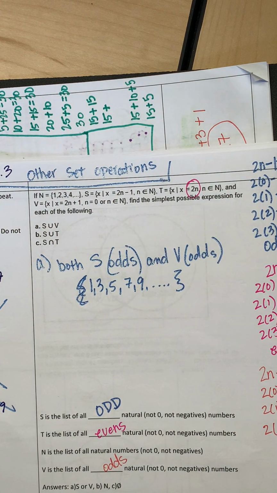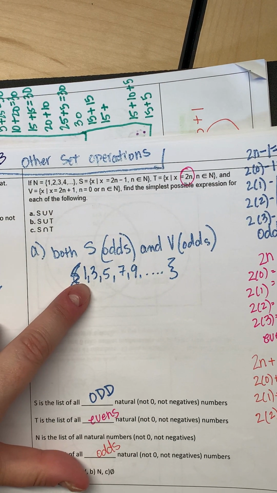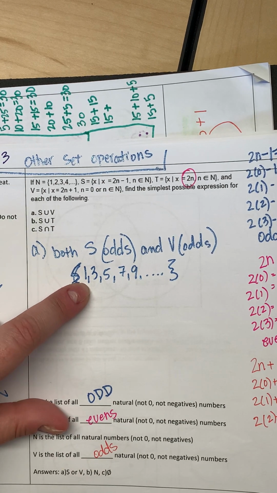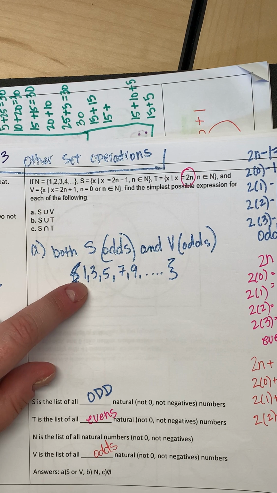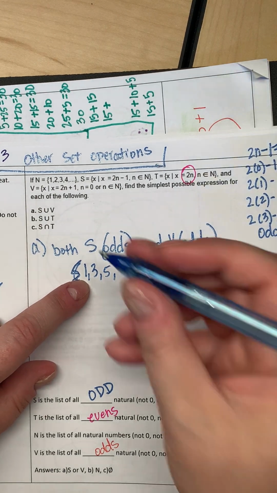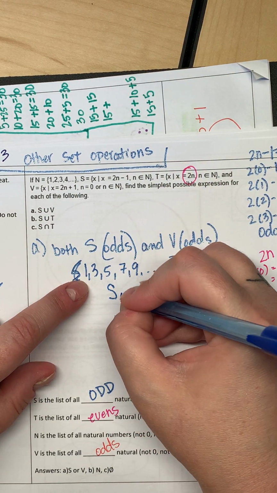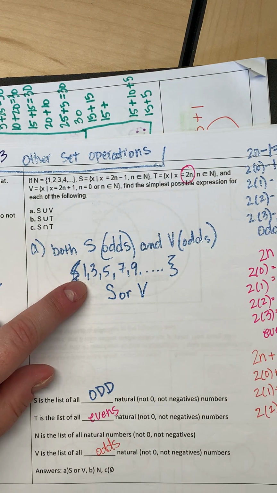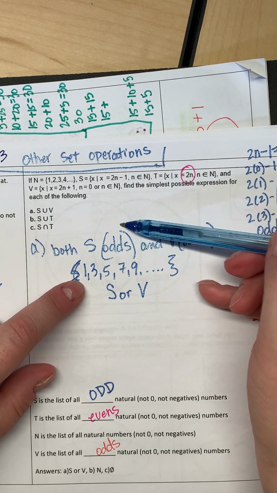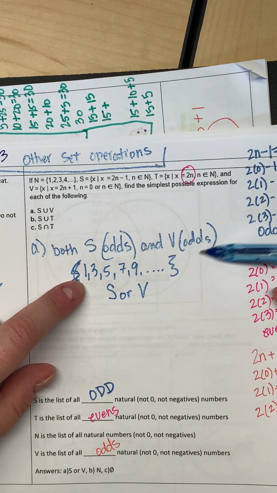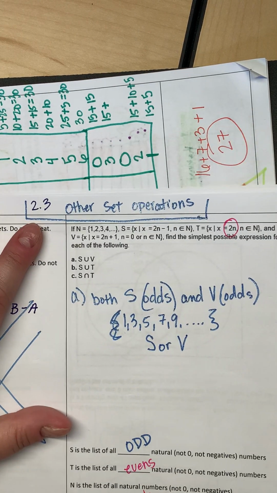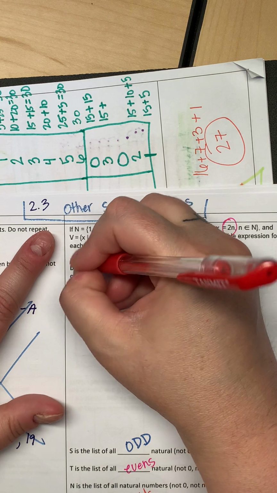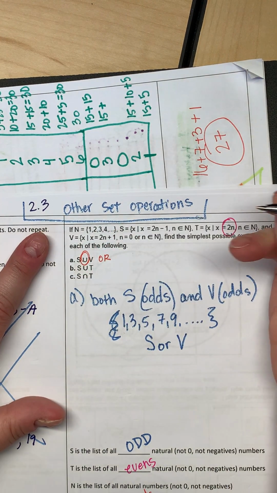So the simplest possible expression for this, 1, 3, 5, 7, 9, 11, and so on, is you can just say S or V, because you have to include everything from S and everything from V. So anytime you have a U, it means or.